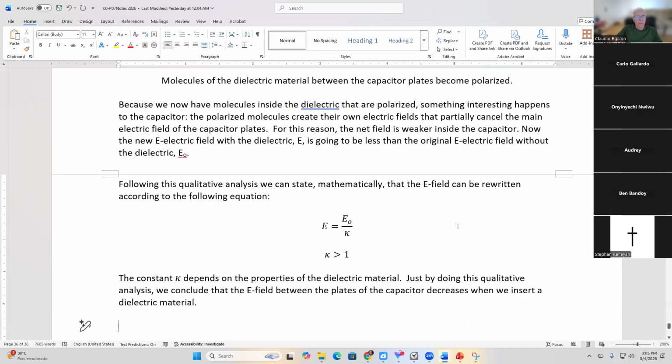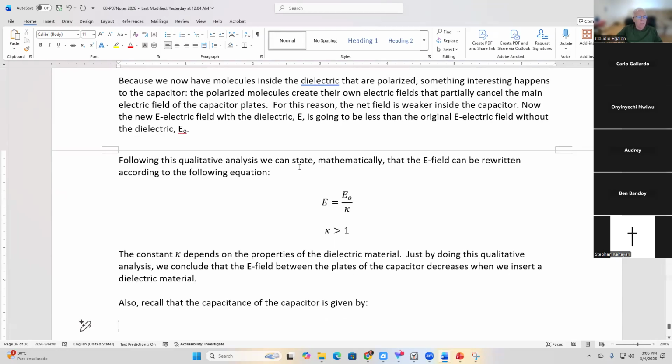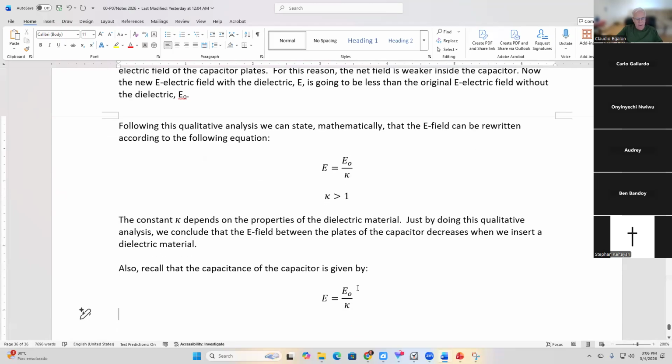But also, recall that the capacitance of the capacitor is given by, remember what's the equation for the capacitance of any capacitor?